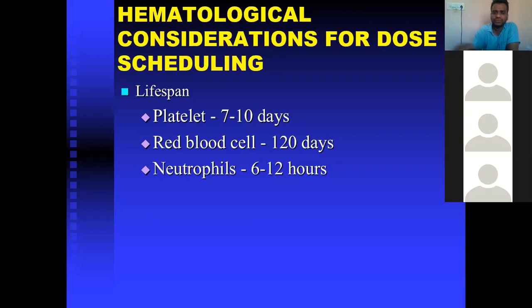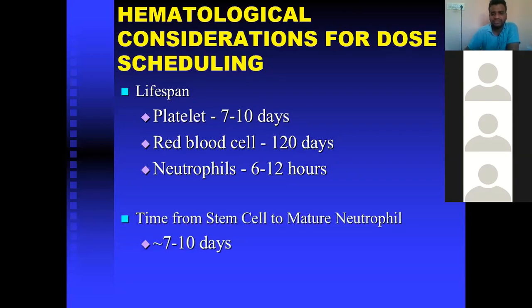Neutrophil, 6 to 12 hours. The time from stem cell to mature neutrophil takes 7 to 10 days. Neutrophils are important because they are the first defenders against any kind of inflammation, and even in terms of immunity. So 7 to 10 days it takes from stem cell to mature.